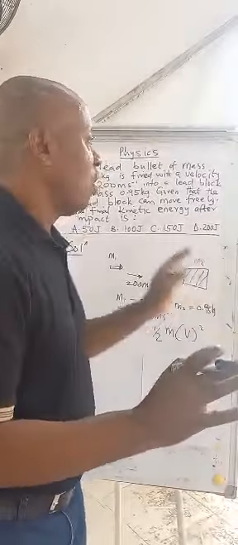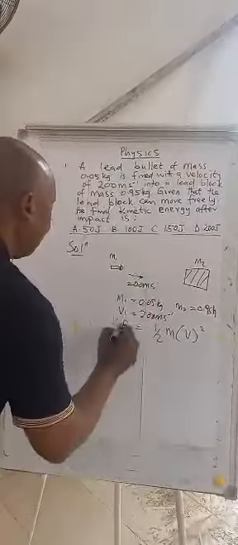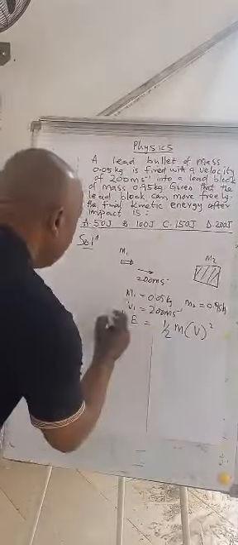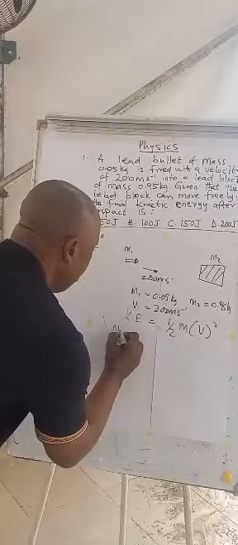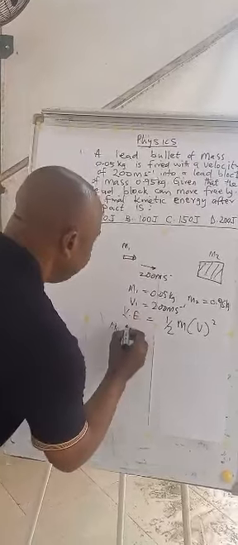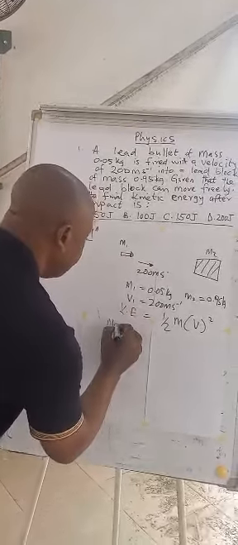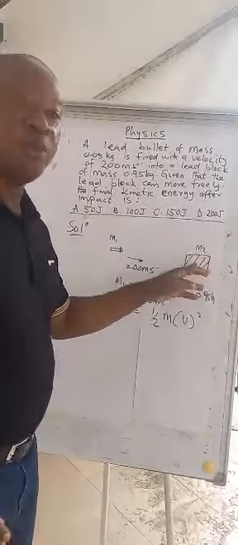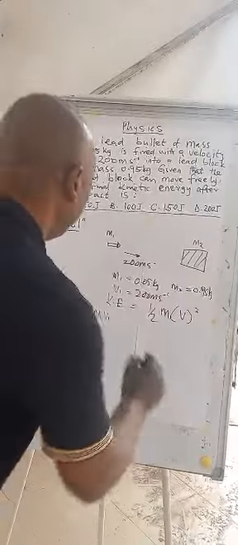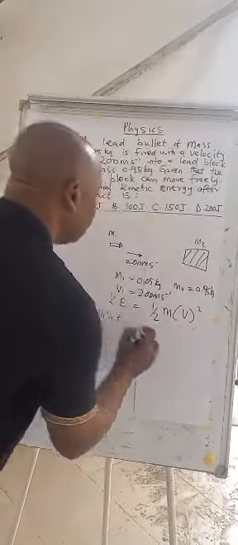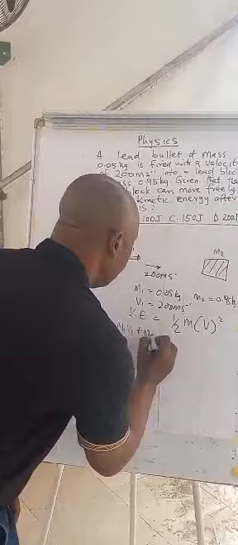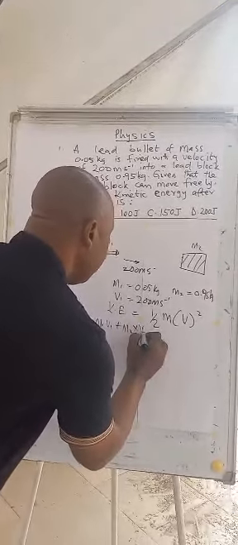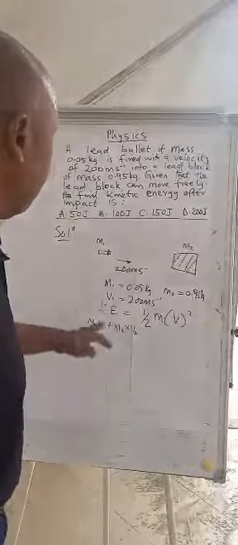The sum total of momentum before the impact will be given by M1 times V1, the initial velocity, plus M2 times V2, which is not given, but we are going to explain it now.